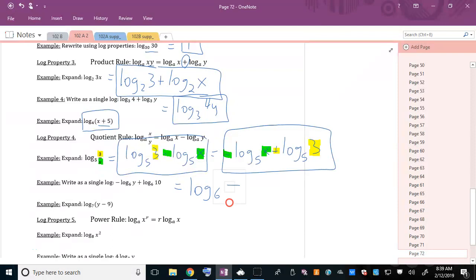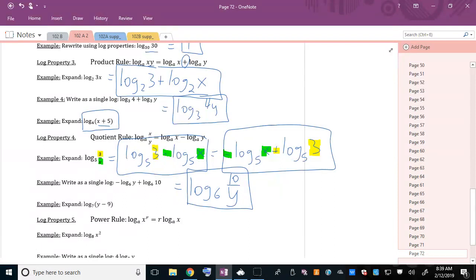I can draw that y, there we go. And because the log base 6 of 10 is positive, I'm going to put the 10 on the top. So again, if the log was negative, that term goes on the bottom. If the log was positive, it goes on the top. And you'll notice there is no plus or minus now. Those plus and minuses just tell us where to put the term.